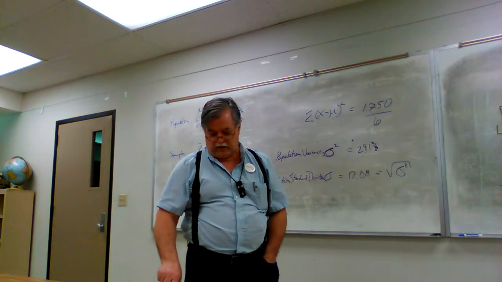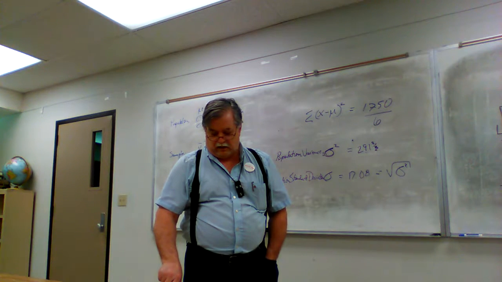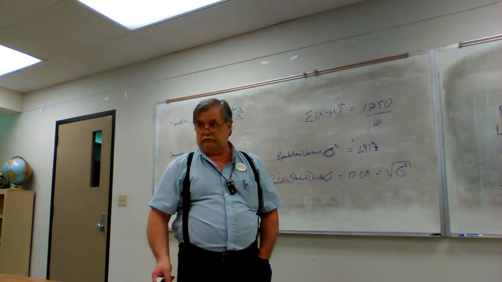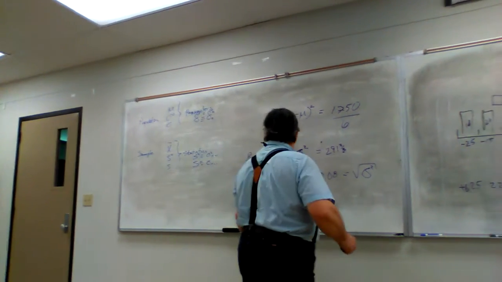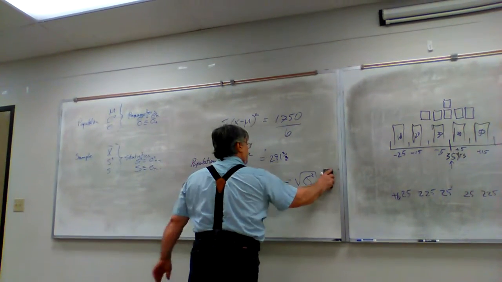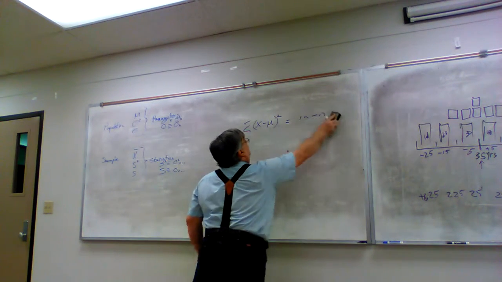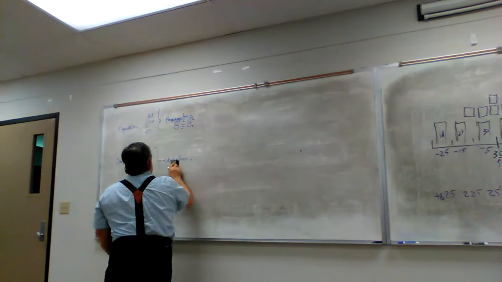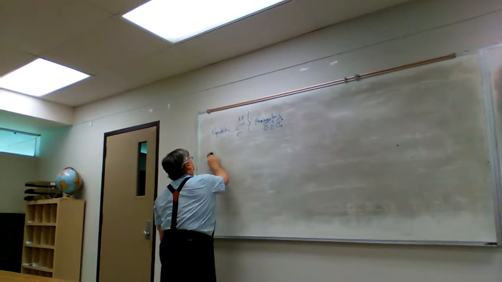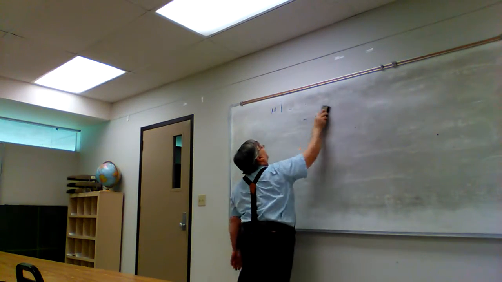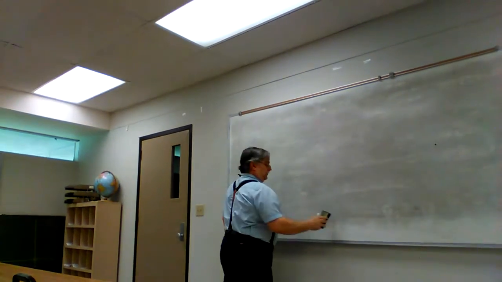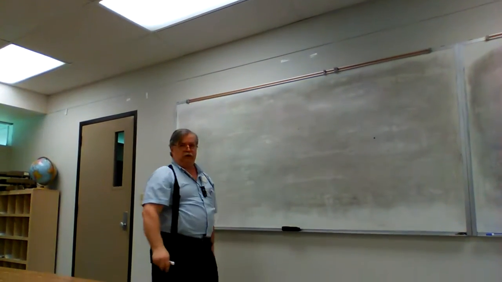So, how would you compare the two? You would compare the two by calculating the parameter or the statistic that you want to compare and then converting it to a coefficient of variation.